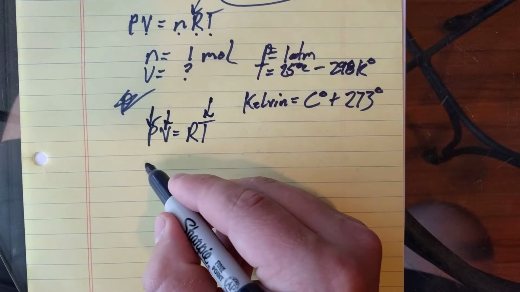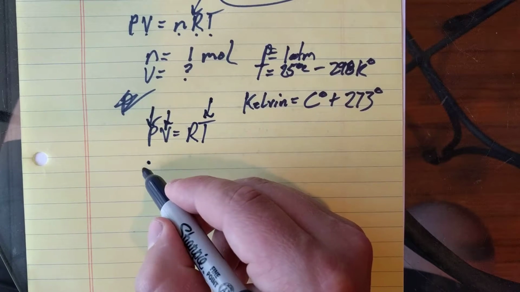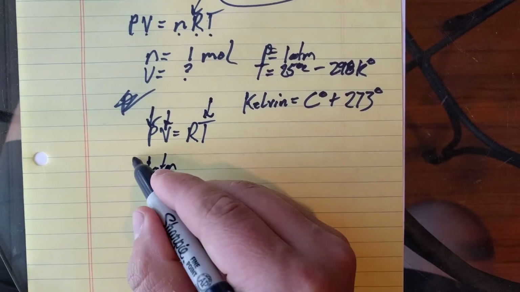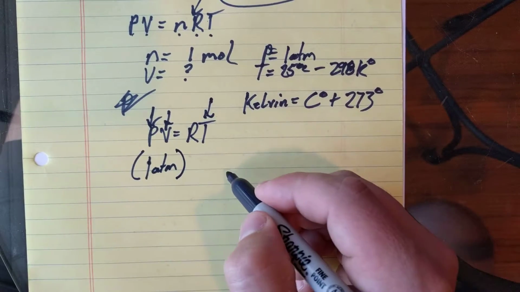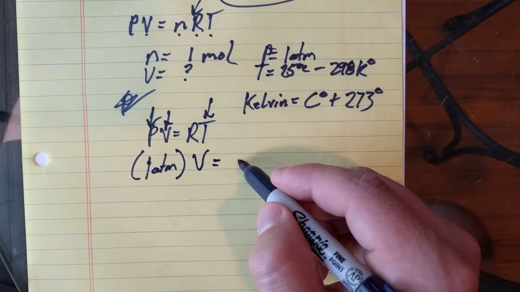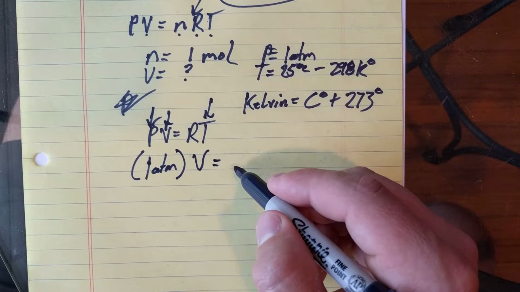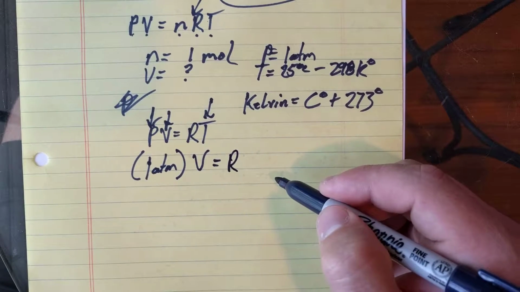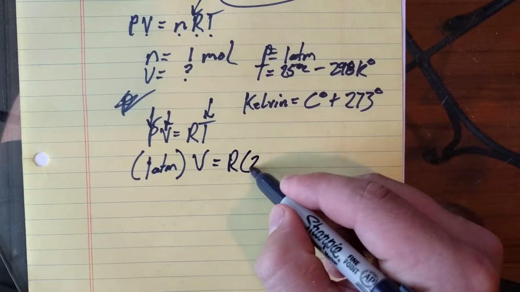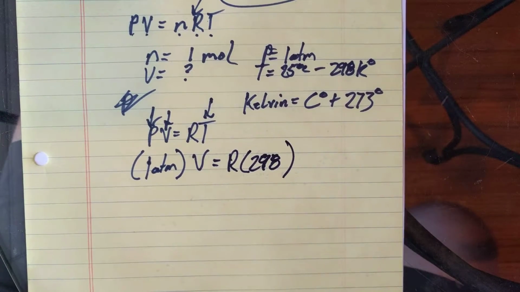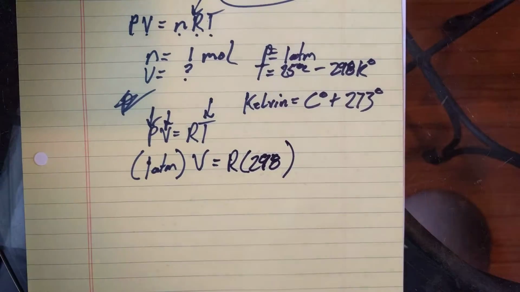So what we get is 1 atmosphere times volume, which we're going to find, times, I can't remember which R we're supposed to use. I'm going to have to look it up here in a second. R times 298. Okay. Let me look the R up.